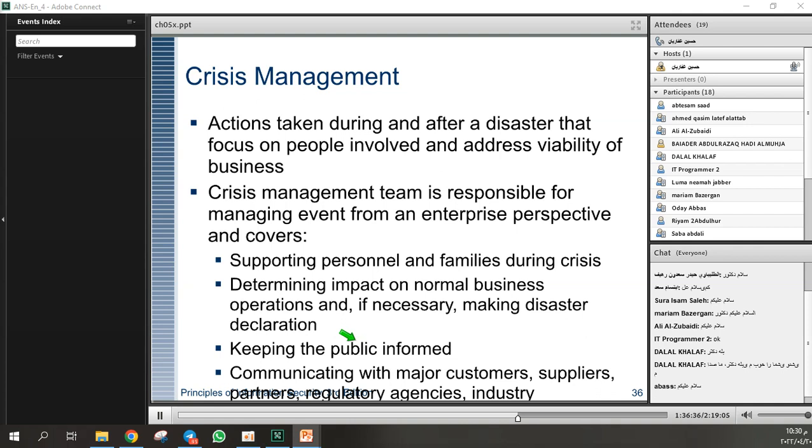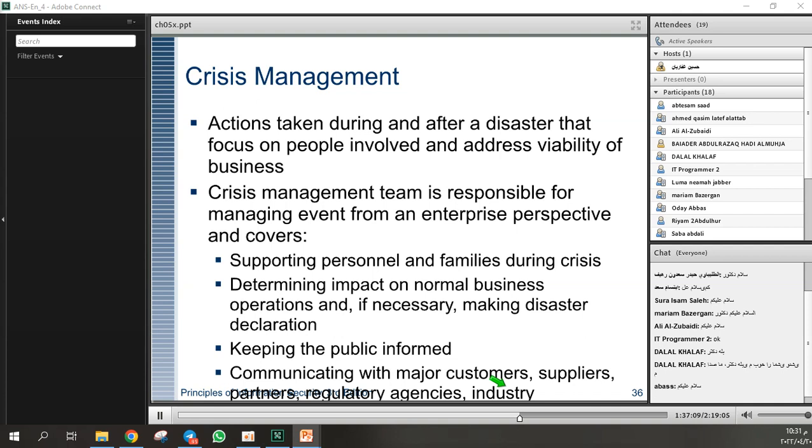They should support persons and their families during the crisis, after the earthquake. They should determine the impact on normal business. They should operate, if necessary, making a disaster declaration. They should keep the public informed. After the disaster, for example, we lost three employees, two professors, for example, and 10 students.